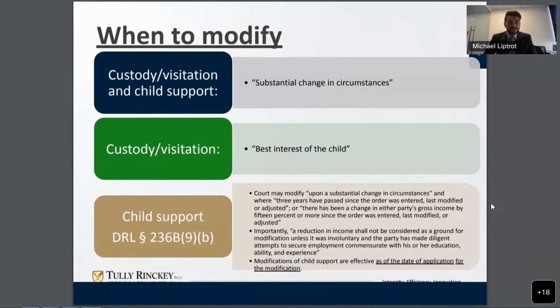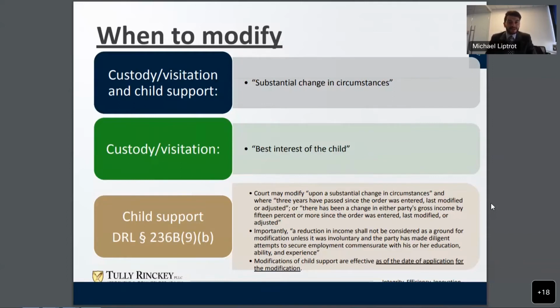You have to allege that something's changed since that order. It can't be conditions that existed at the time but now have made it inconvenient for you, or you can't still hold a gripe and try to get a second bite at the apple, so to speak, by modifying based on something that existed at the time of the order.